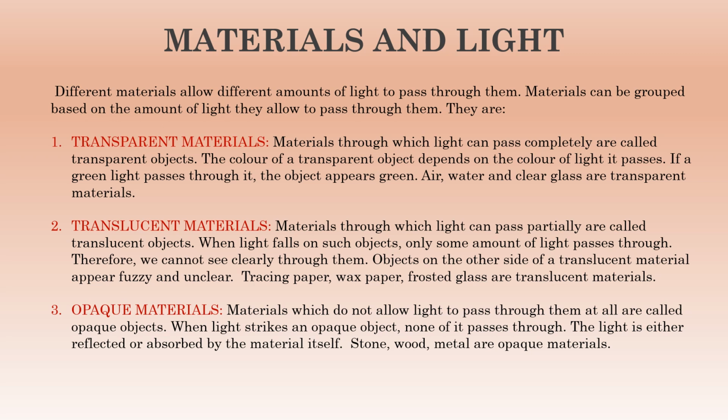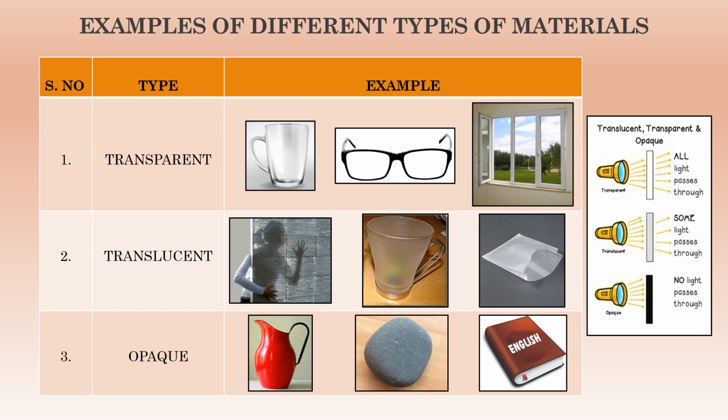Some examples are stone, wood, metal, etc. Here, children, we see some of the examples of different types of materials: transparent, translucent, and opaque. You can clearly identify each of these objects without me having to tell you.